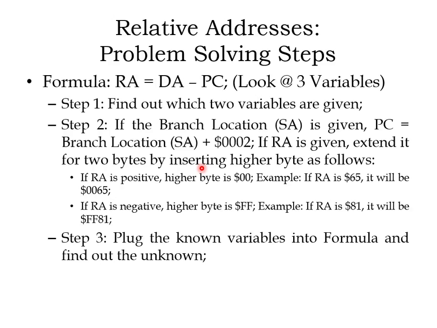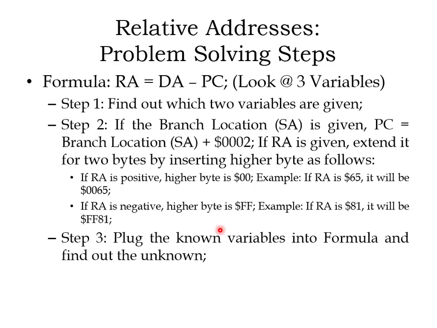I look at the relative address, which is just a 1 byte address. It may be positive or negative. If the relative address is positive, I plug 00 as the higher byte. If it is a negative number, I plug FF as the higher byte.